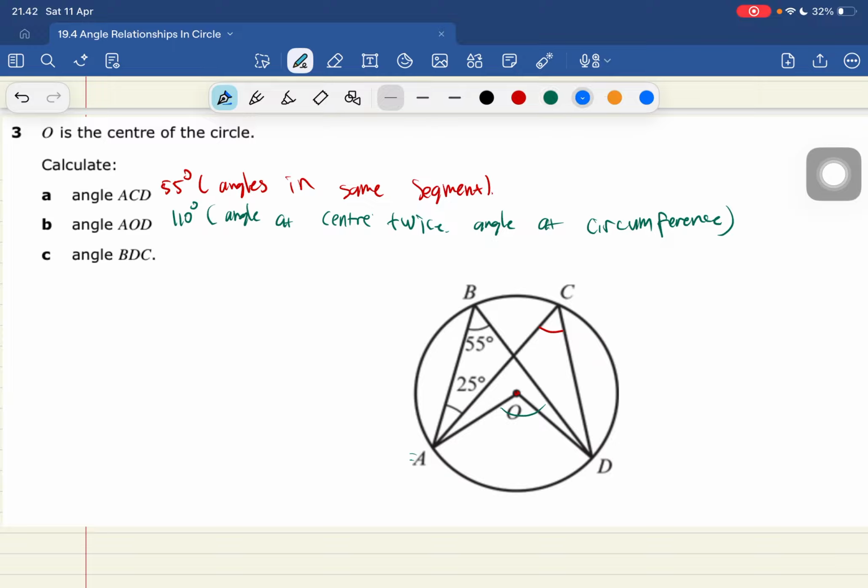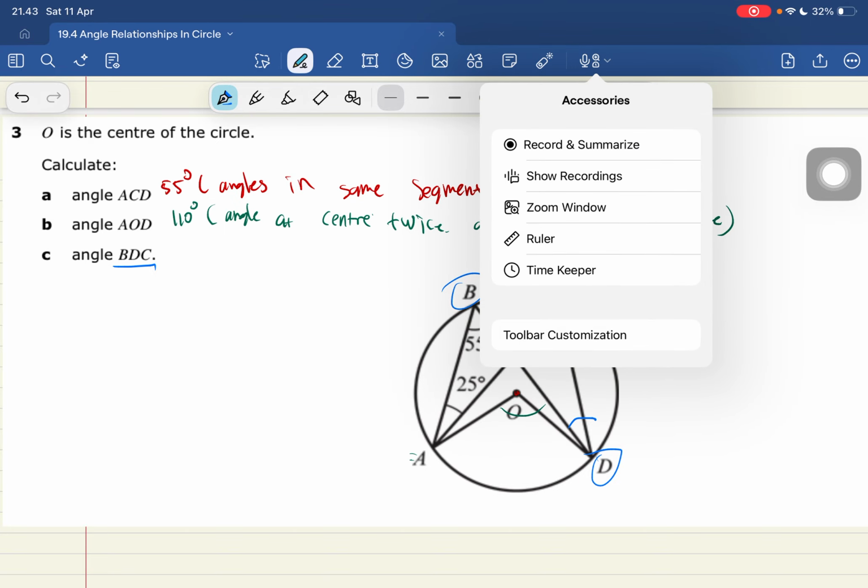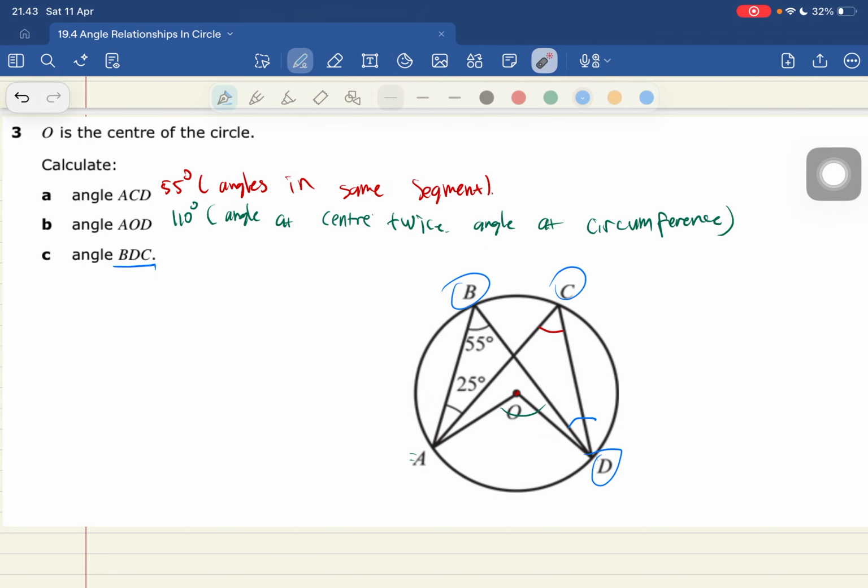Next we need to find angle BDC. We got B, D, and C. This angle. As we can see, angle ABD is equal to angle ACD. First, let us write the reason.